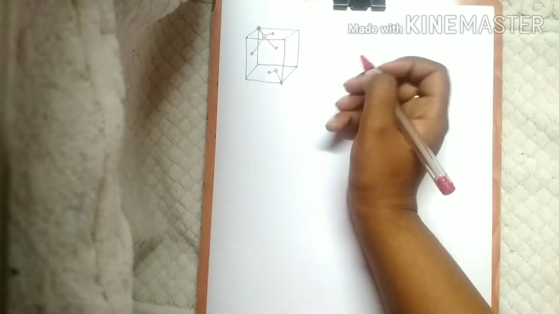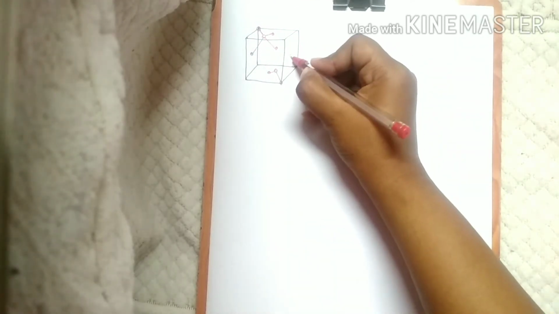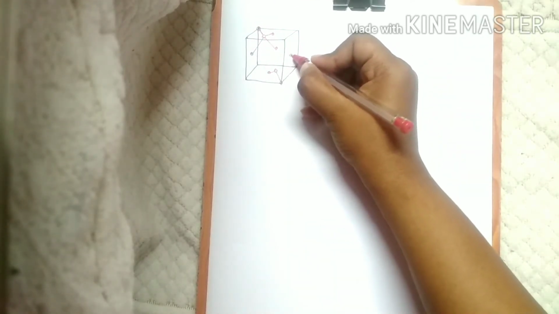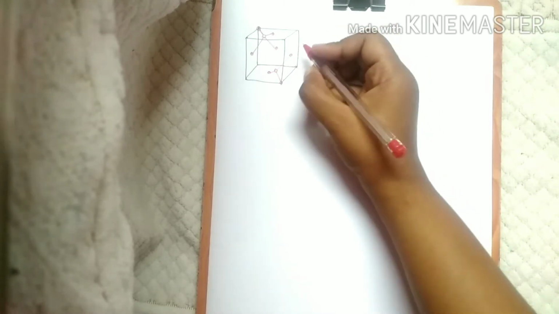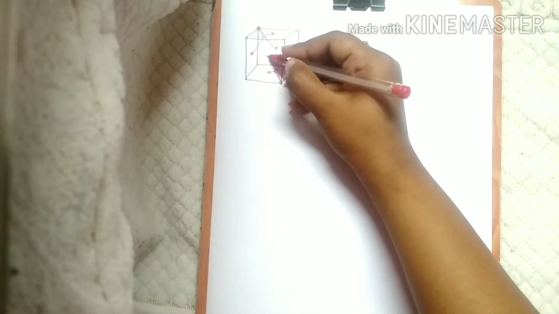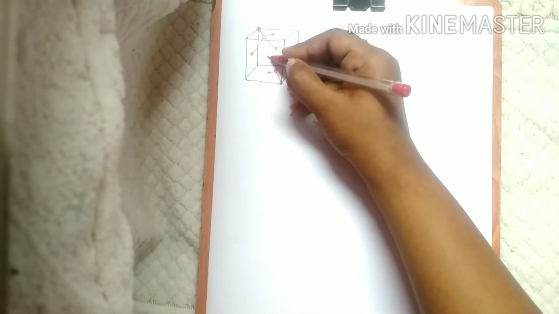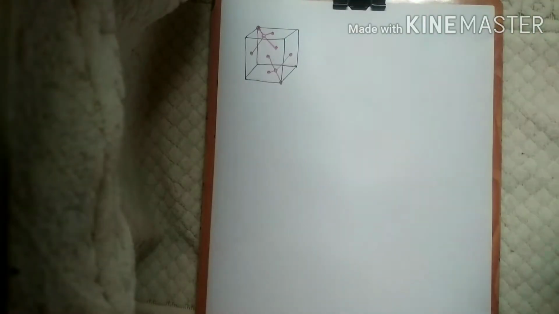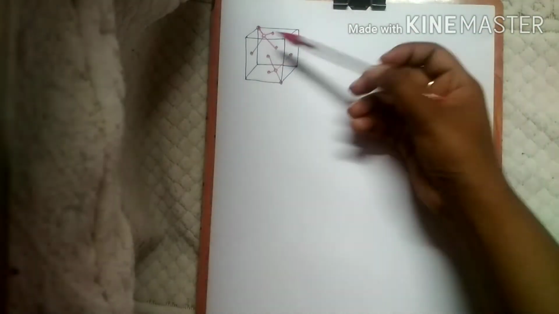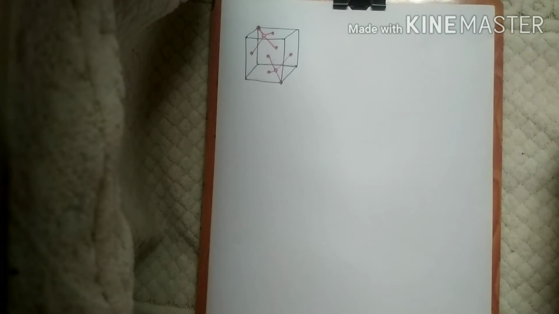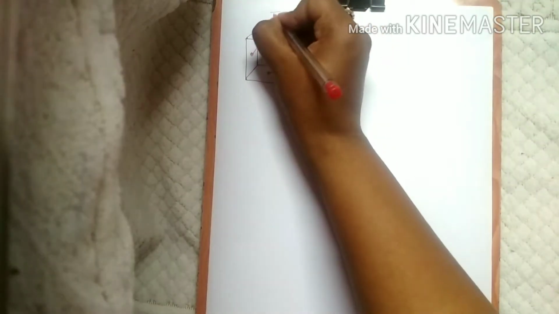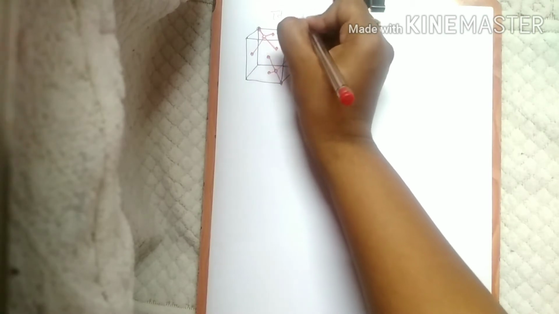Third will be the face center of this right face. And fourth will be the face center of this front face. Just like this, 8 tetrahedral voids will be present. Okay, so I hope tetrahedral voids are clear now.